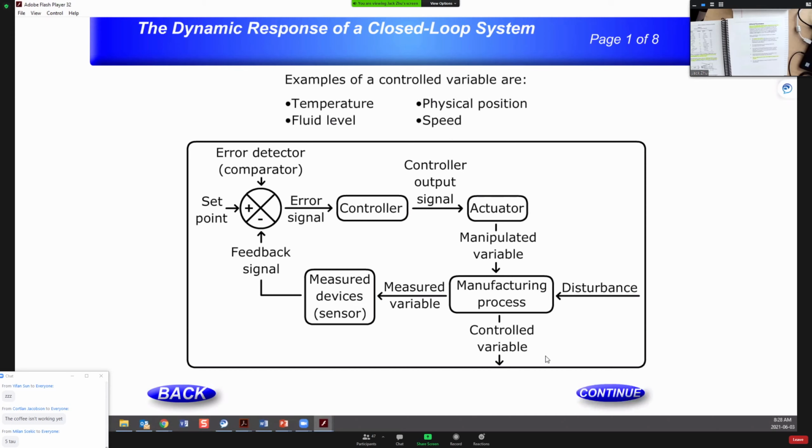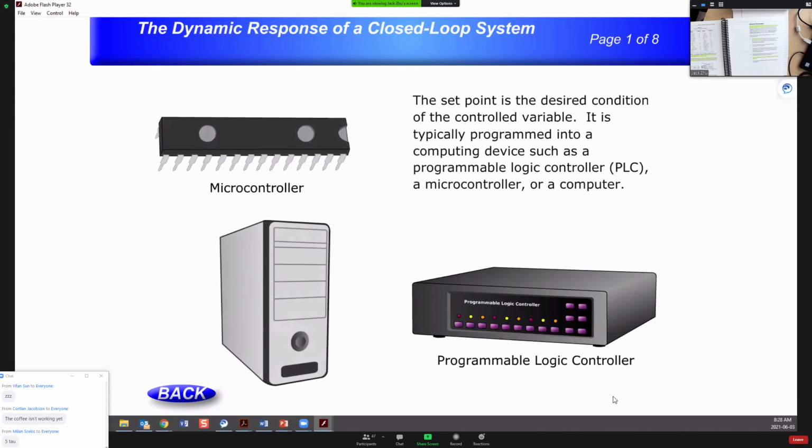So the controlled variable could be any of those. The set point is the desired condition of the controlled variable. You can set them as a programmer or use lots of different devices to get them in there.